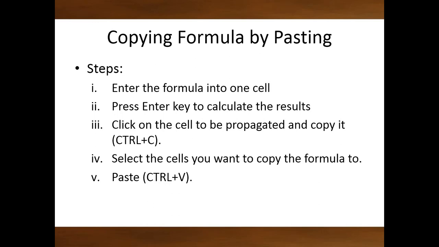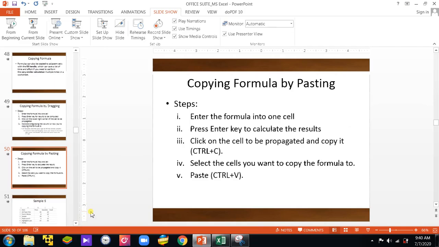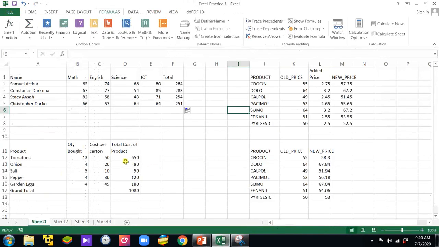Let us have a demonstration. I'm deleting these formulas. Okay, so let's say I want to copy this formula to these cells. So once the formula is already entered, I'll select the cell and then press Ctrl and C. So I've copied the formula.